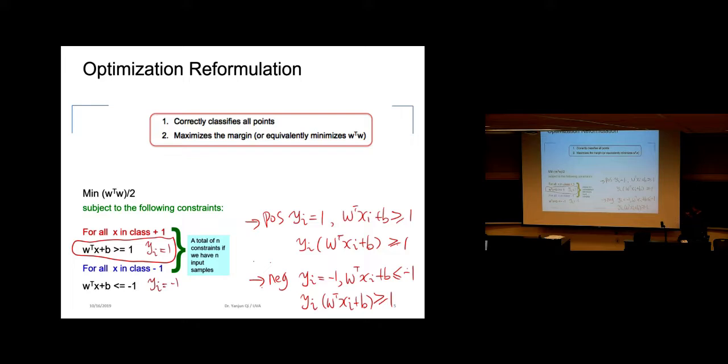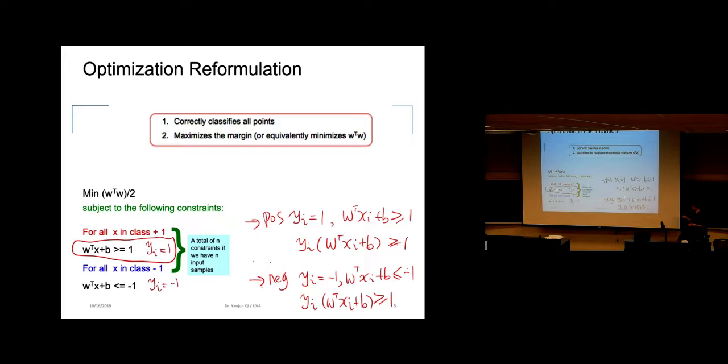So in the linearly separable case, we minimize W transpose W over 2. At the same time, for those points from the positive class, we want W transpose Xi plus B larger than or equal to 1. And for those points in the negative class, we want W transpose Xi plus B smaller than or equal to -1. That makes the multiplication of the true label and this function always larger than or equal to 1.